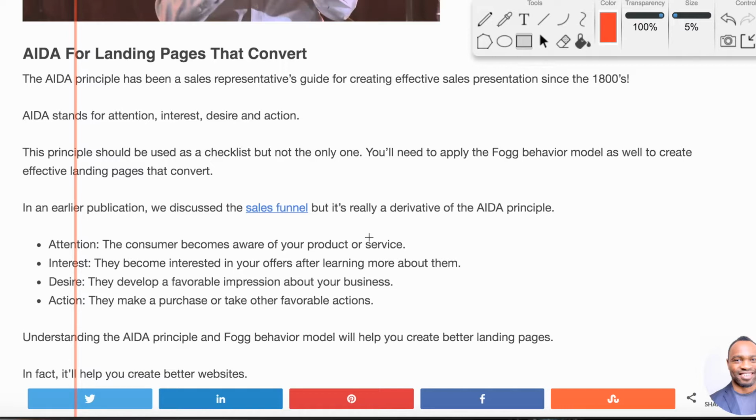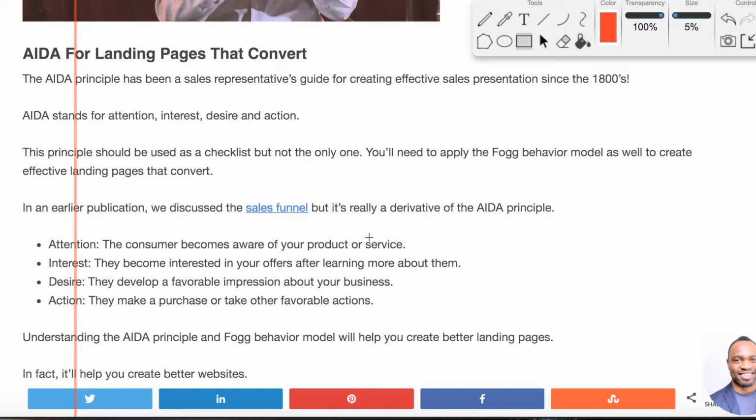Your headline grabbed their attention. Now you're grabbing their interest. Once they're interested, it's time for you to create a desire, which means you need even more supporting body copy that not only reinforces the copy you already have so far, but also goes even deeper into it, creating that desire.